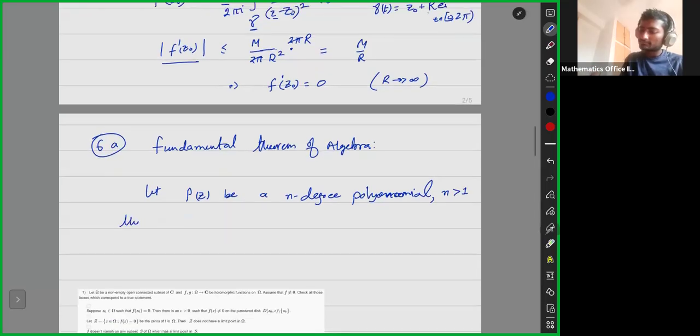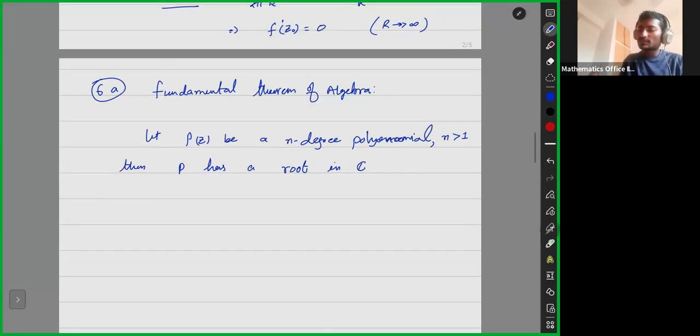Then p has a root, and then we use the factorization theorem. Once we have a root, z minus z naught is a factor of p, so what is left is a degree n minus 1 polynomial. We again find a root for that, and by repeated iteration we get a complete factorization of p. So we just need one root c to exist.